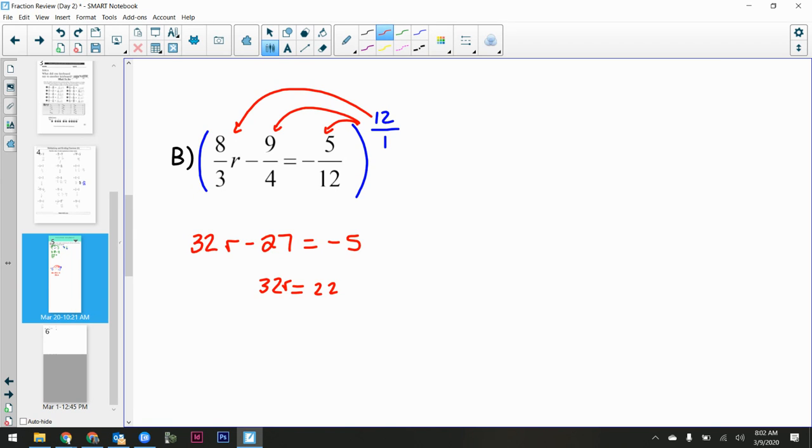And we divide over, we get R is 22 32nds, but that will reduce, well, remember that's 2 times 11 and 2 times 2. Right, or we could just say 11/16.